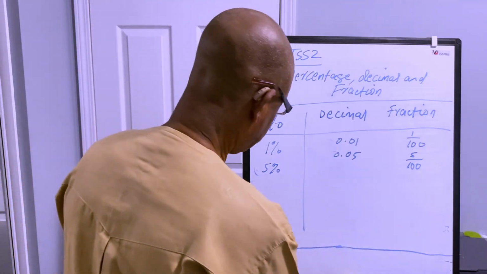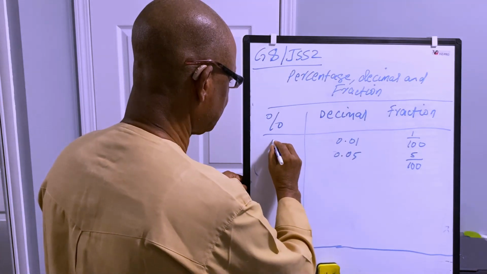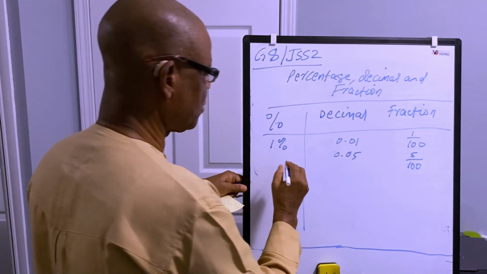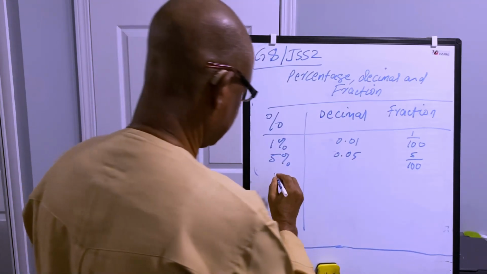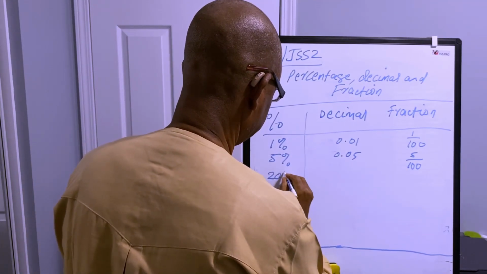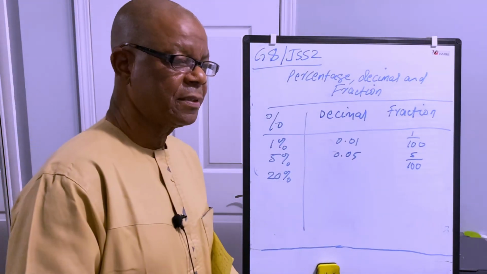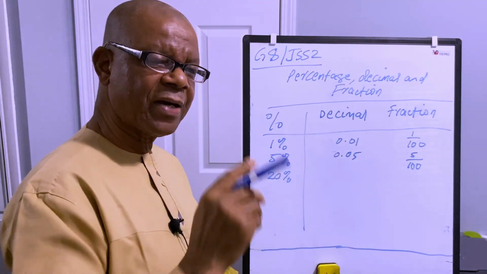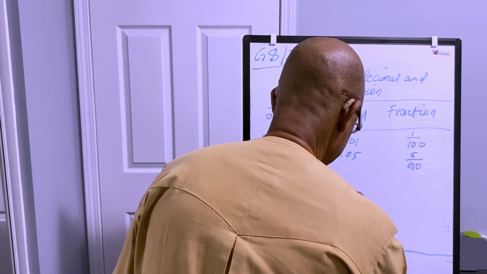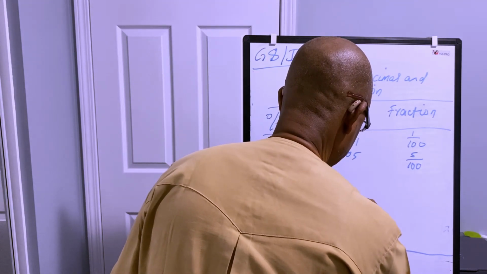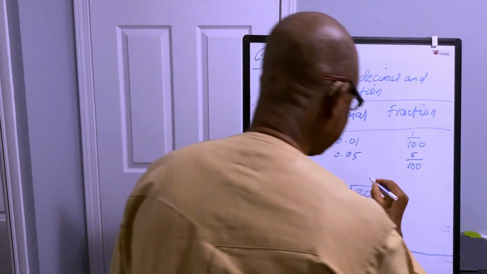So if we go on, the same thing applies. But let us go to a figure that has more than 1. For example, 20%. 20% will give us 20 divided by 100. 20 divided by 100, it cannot.